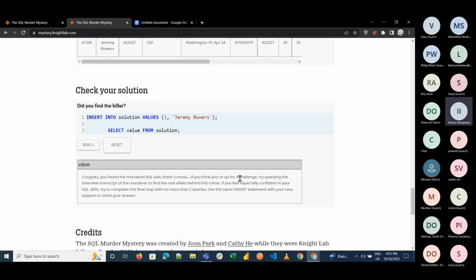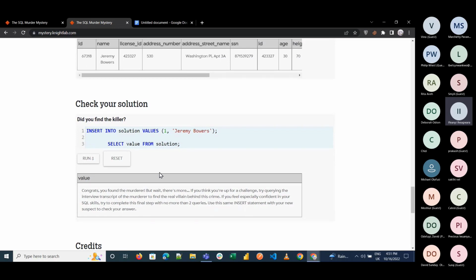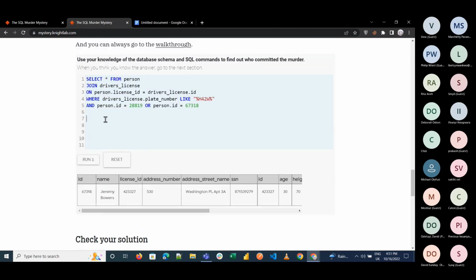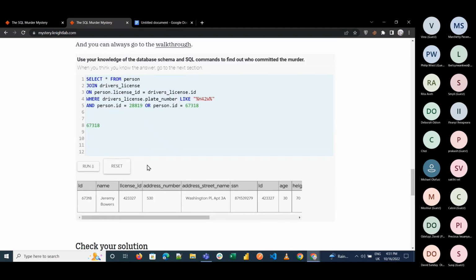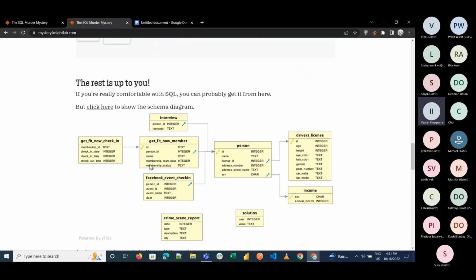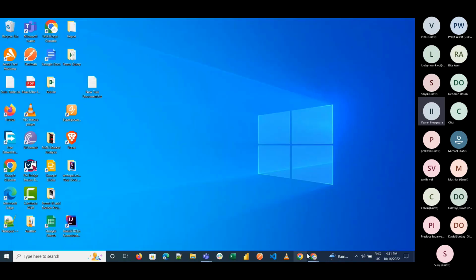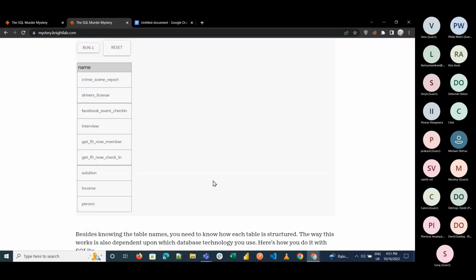Okay, so let's check out the interview of this particular person. So this is the ID number. Yeah, that's his ID number. So that was the crime report. Oh, no, interview. So interview.